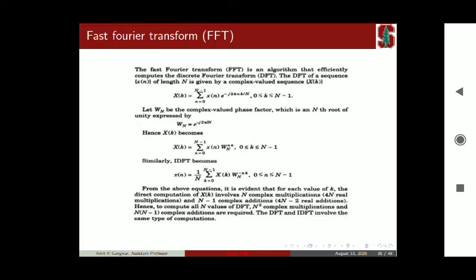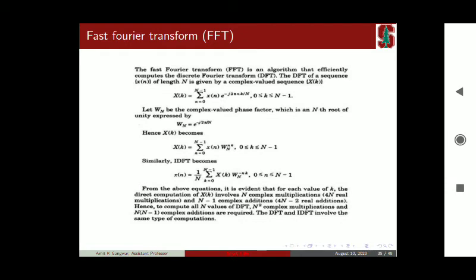Suppose we have to compute the N point DFT of an N point sequence. We need a total of N square complex multiplications and N into N minus 1 complex additions.